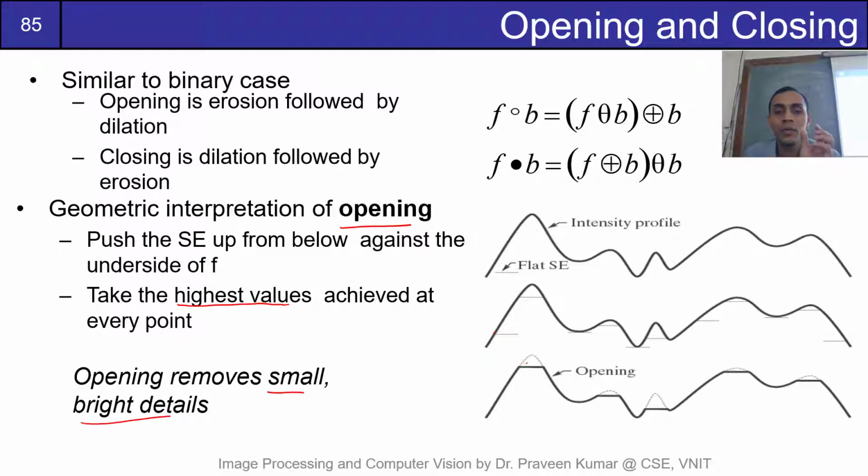So if the region of a bright location is small, that will get chopped off. Wherever the peak value was greater than the stretching element, it won't get chopped off. But wherever the brightness peaks are smaller than the stretching element size, they will get flattened. They will basically get clipped.